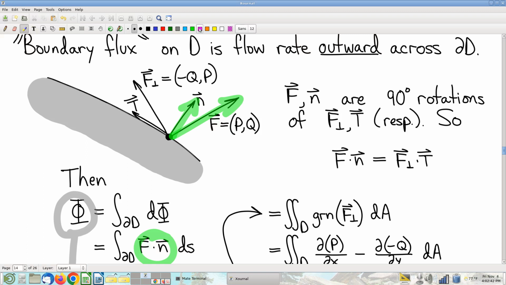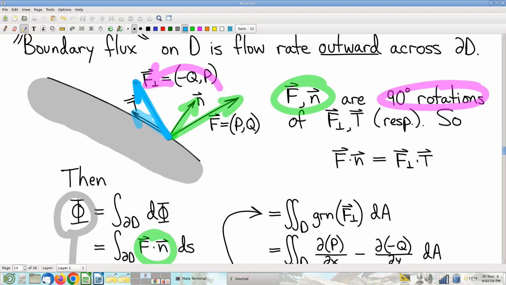Let me just point out that if you were to rotate counterclockwise by 90 degrees, take these two vectors, F and N, and just rotate counterclockwise 90 degrees, well, they would turn into T and what I'm calling F perp here. So specifically, normal, perpendicular to the curve, when you rotate gives you tangent along the curve.